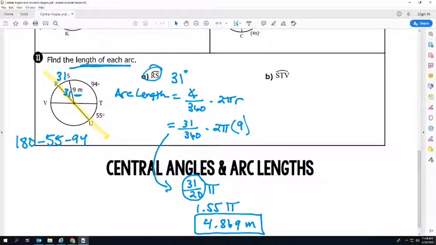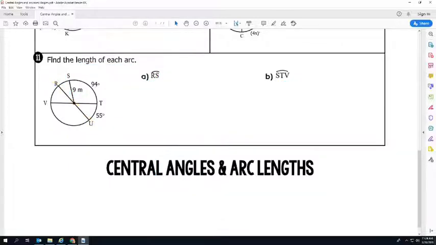Okay, let's do the other one. We have arc STV. The arc measure has to be bigger than 180 degrees because you're using 3 letters. I'm going to go ahead and erase everything that we have here just to make it a little easier to see. So if we're talking about arc STV, it starts at S, goes through T, all the way over here to V. So I need to know this extra arc measure right there.